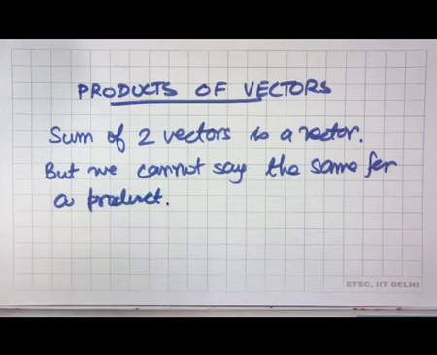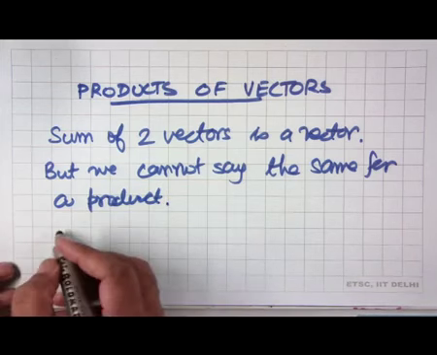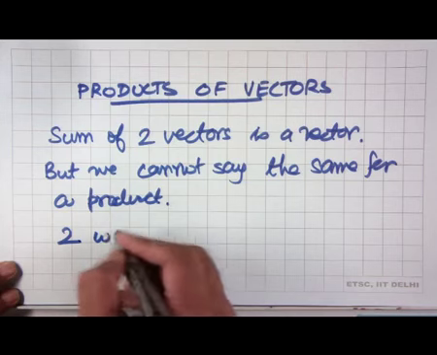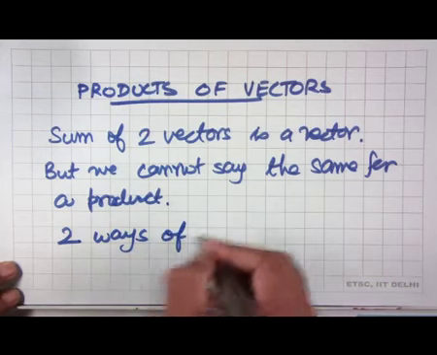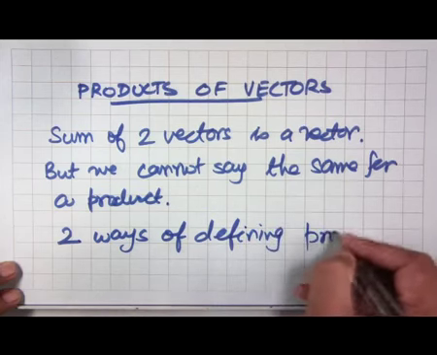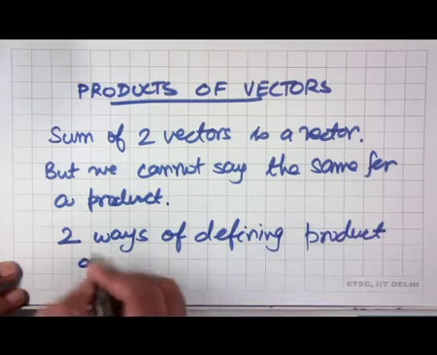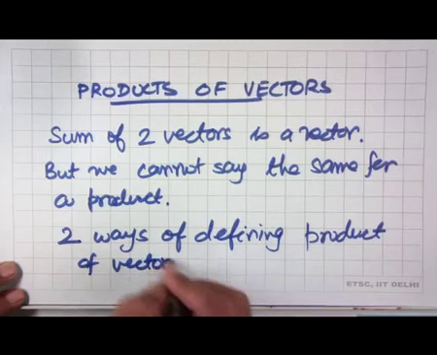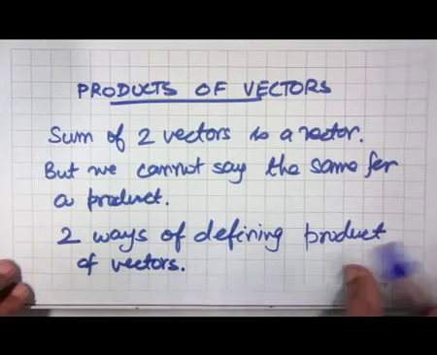And actually, you will see that at this level we can say that there are two ways of defining product of vectors. That means, we define two different types of products.